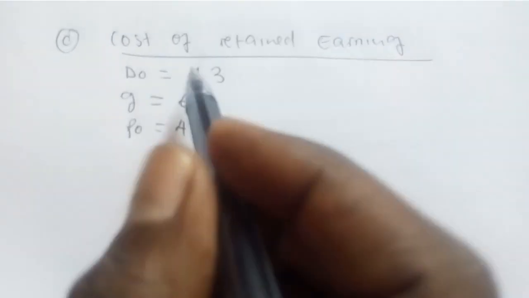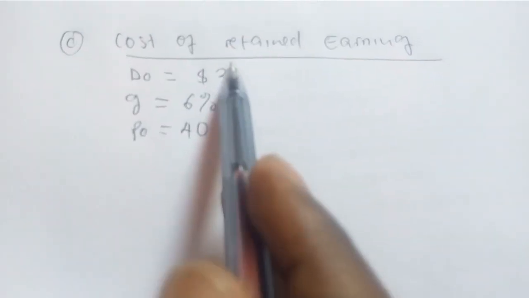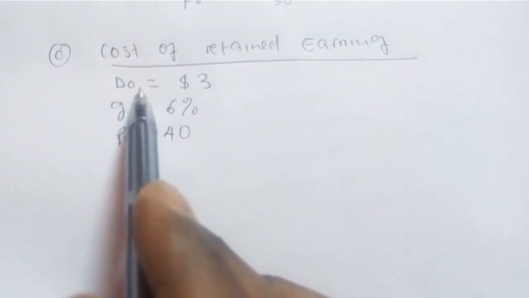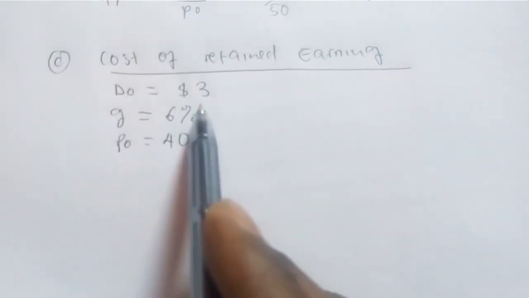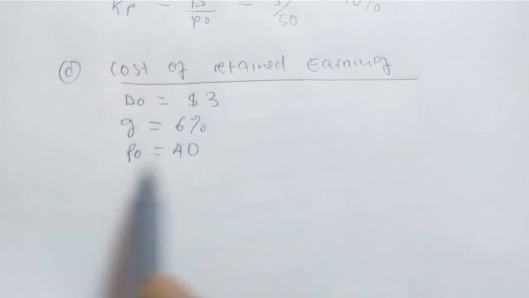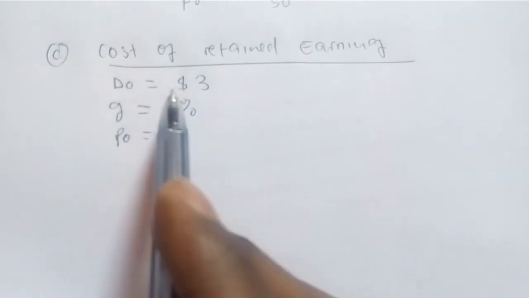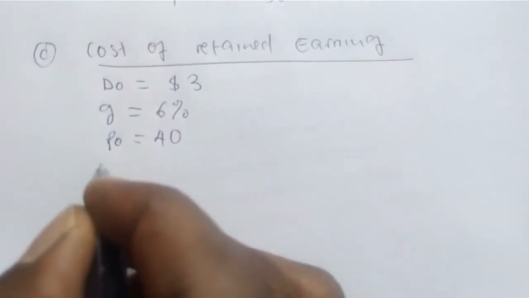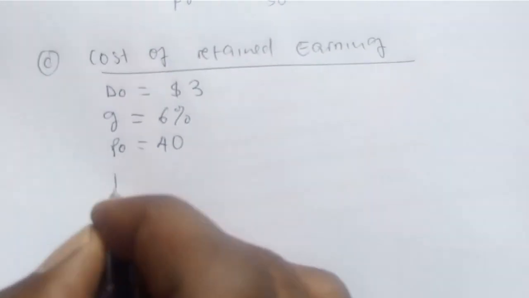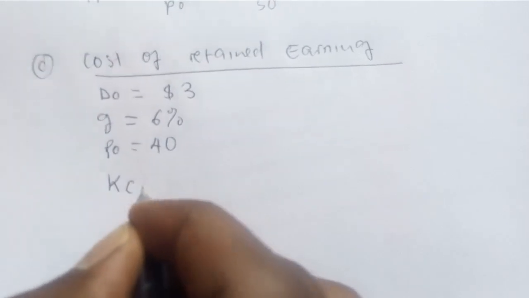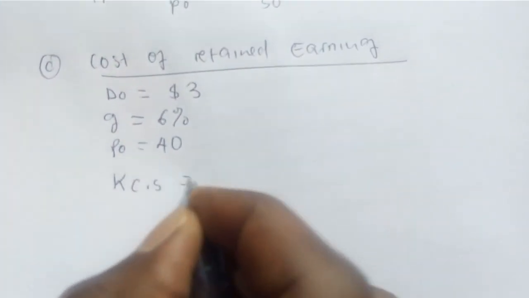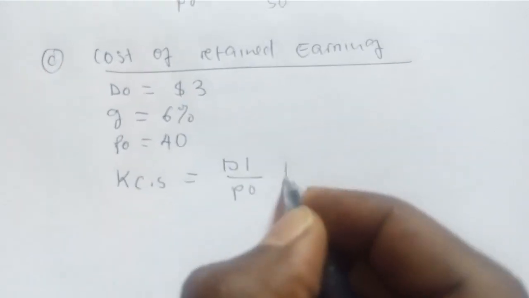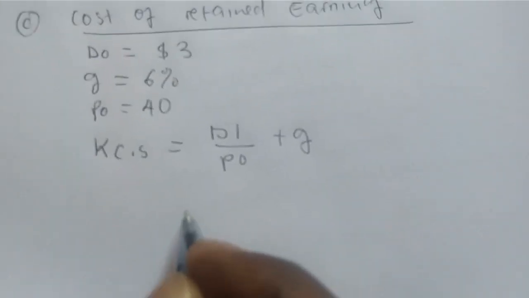So that's the rationale. Looking at this information, it's clear enough that we do not have the D1, which is the expected dividend, and it's clear enough that the method that we have to use is the dividend growth model. So we have to apply the formula for the dividend growth model, which is the cost of common stock is equal to D1 over P0 plus the growth rate.